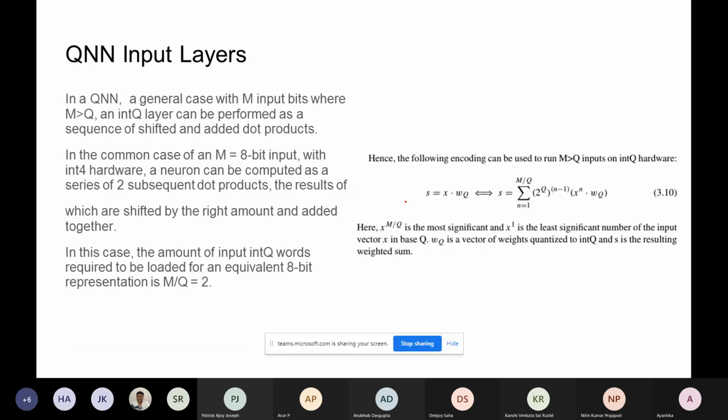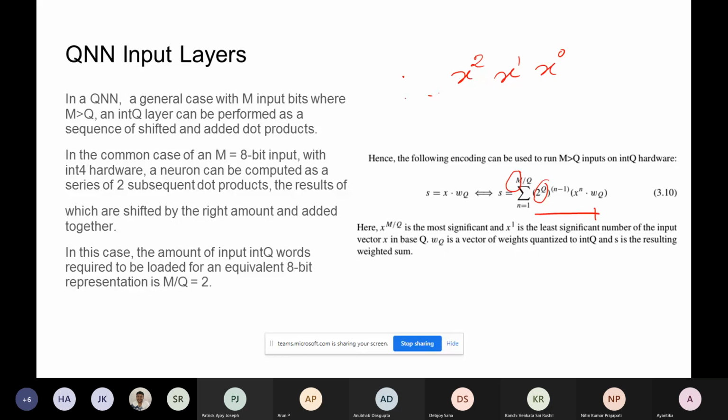Okay, similarly in the input layer, as we have seen, whenever you are doing a particular quantization, this is my quantization bit and this is my M input bit. This is easy to understand. These XN values, if you represent them in binary form, that means X0, X1, X2, and so on.